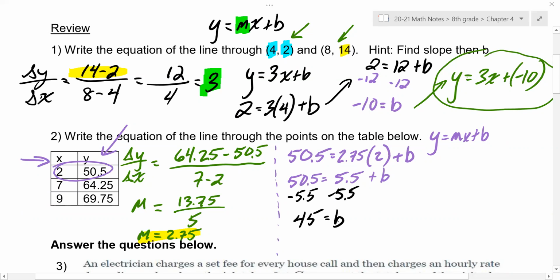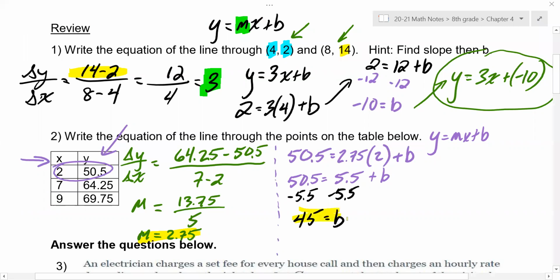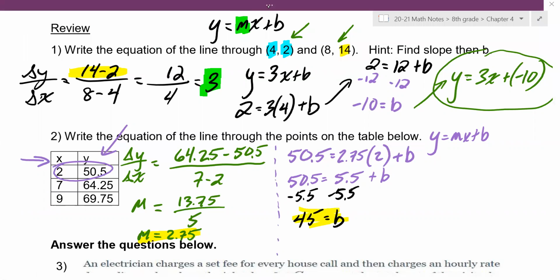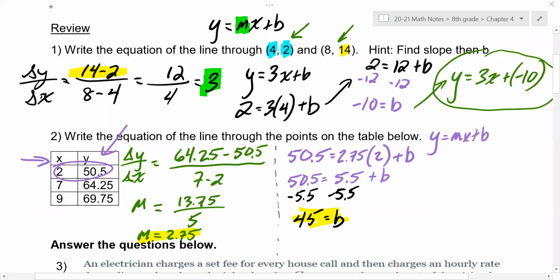Now I found my b. So now I just need to write the linear equation of y equals 2.75 for any value of x plus 45.